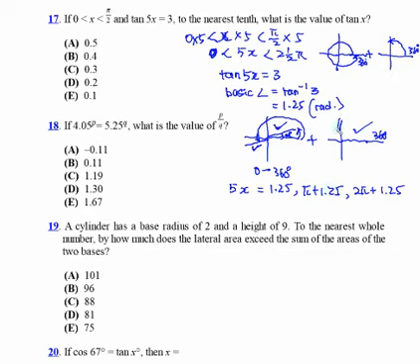Then after that, from 360 to here, basic angle again, so it's 2 pi plus 1.25. So x becomes 1.25 divided by pi, and then pi plus 1.25 divided by pi, and then 2 pi plus 1.25 divided by pi. Now what is the value of tangent? What you have to do is find this value.